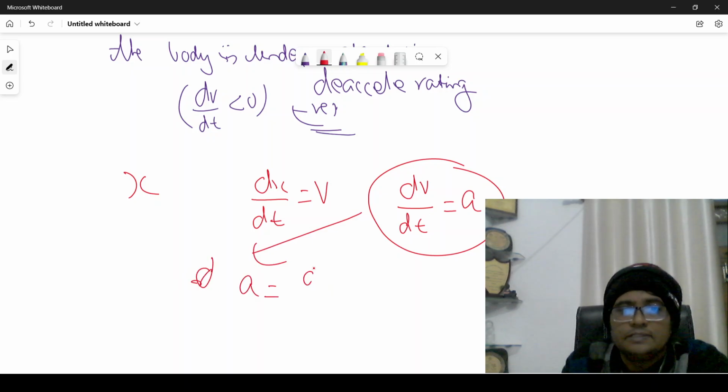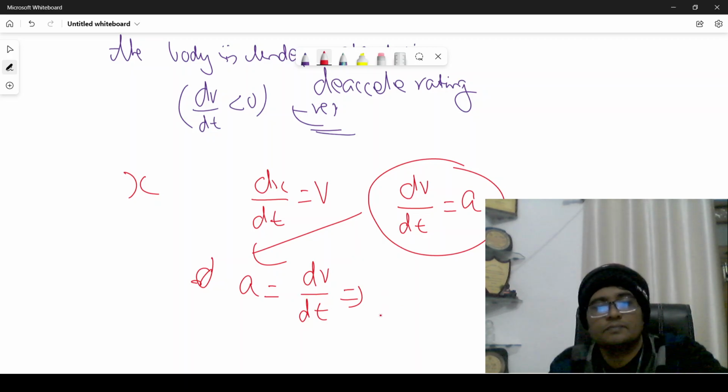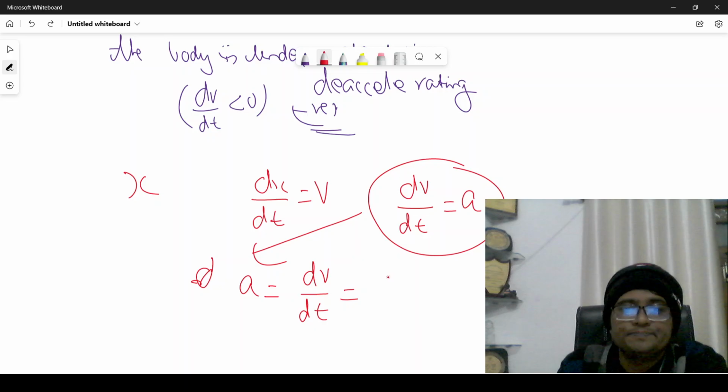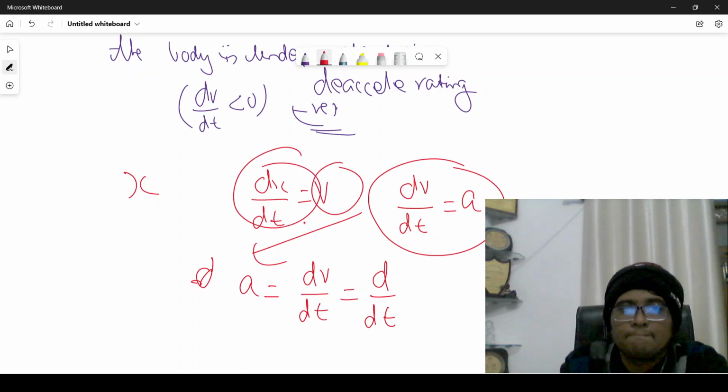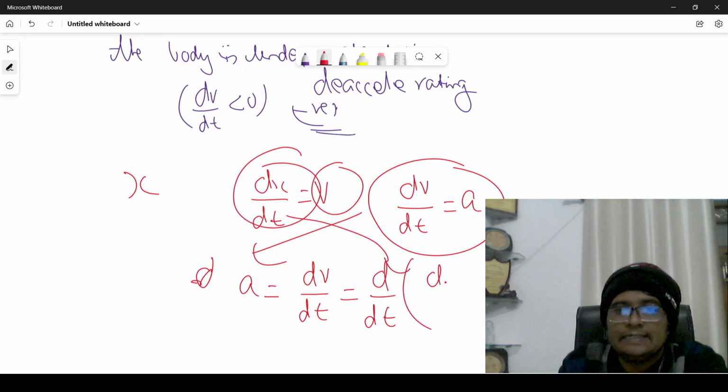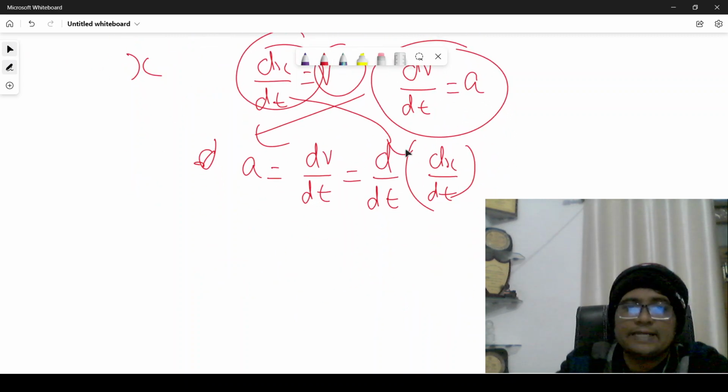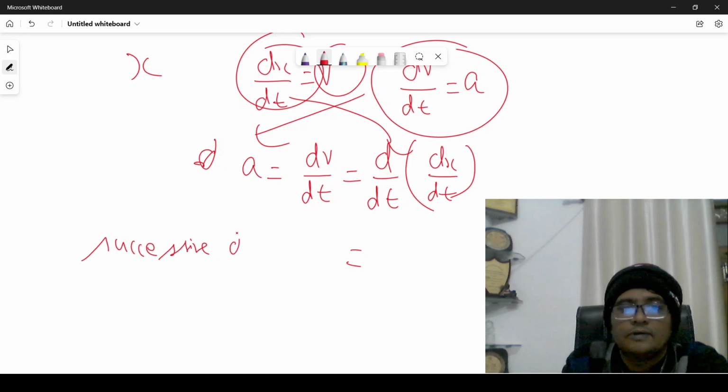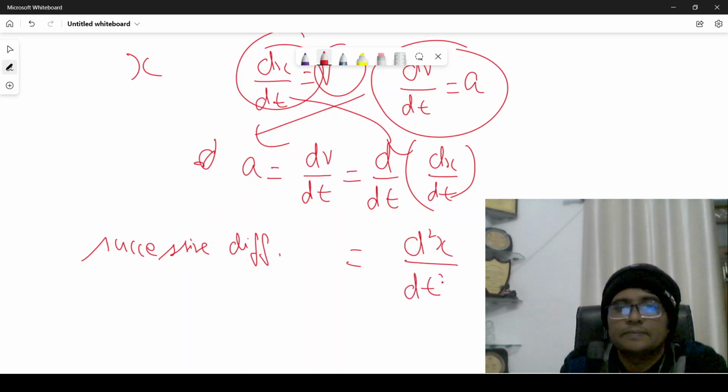Acceleration is dv by dt, which is equal to d by dt, and here we can put the value of v, and we get dx by dt. In mathematics, this is known as successive differentiation, meaning d square x by dt square.